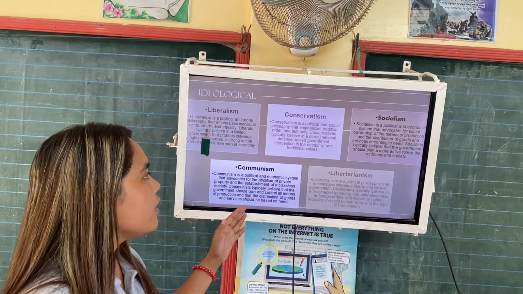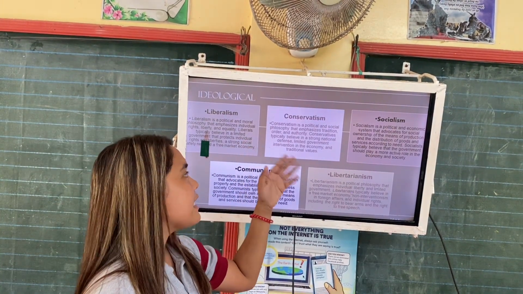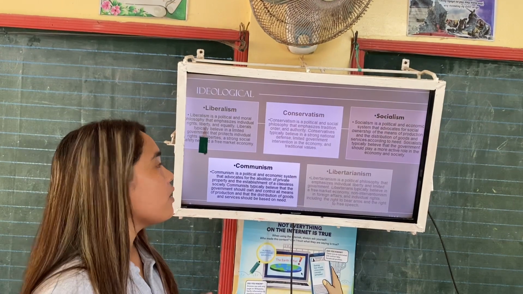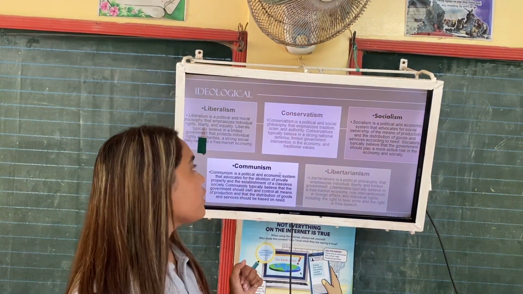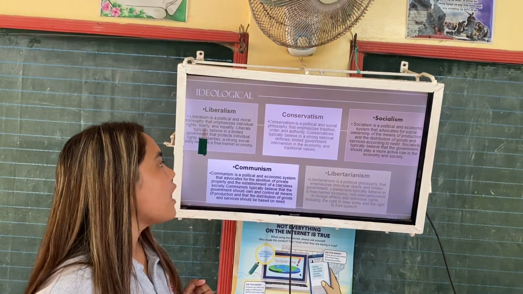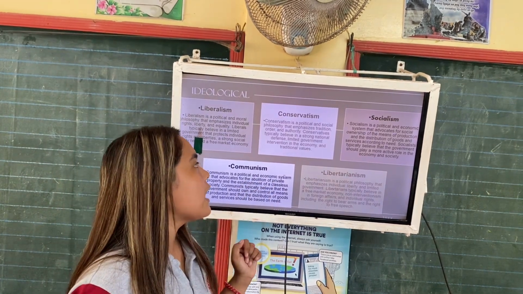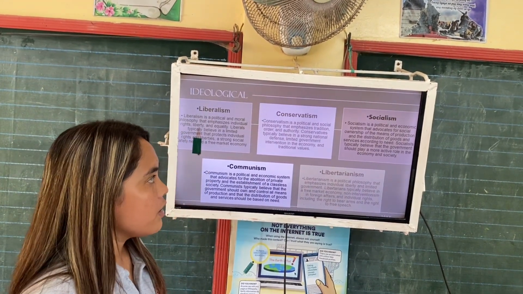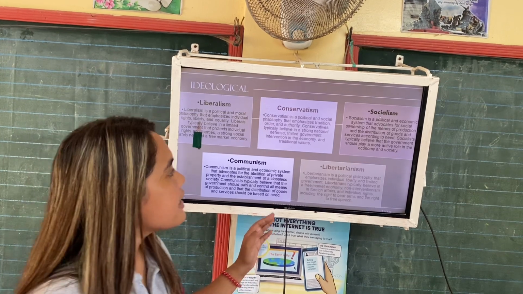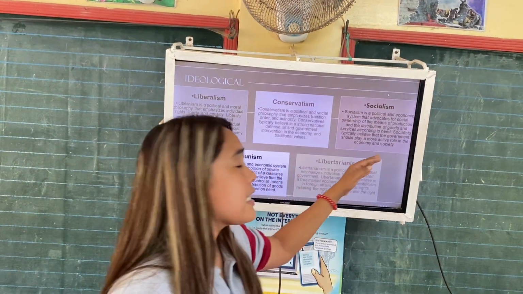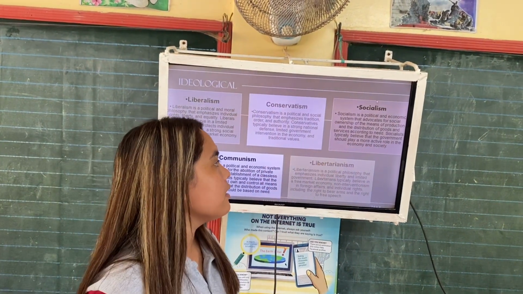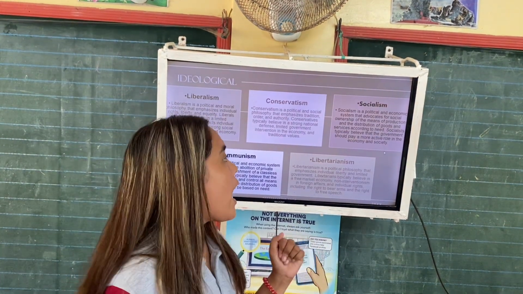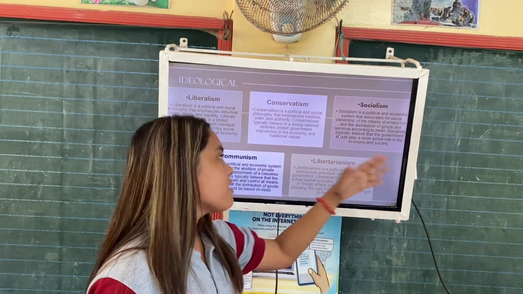And then conservatives typically believe in a strong national defense, limited government intervention in the economy, and traditional values. And in terms of socialists, they typically believe that the government should play a more active role in the economy and society.